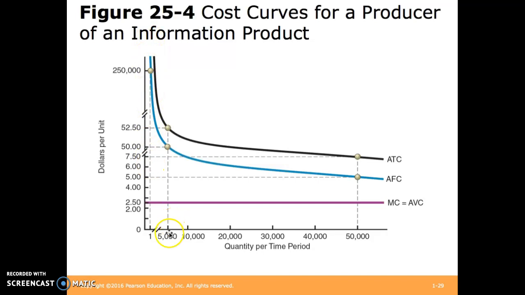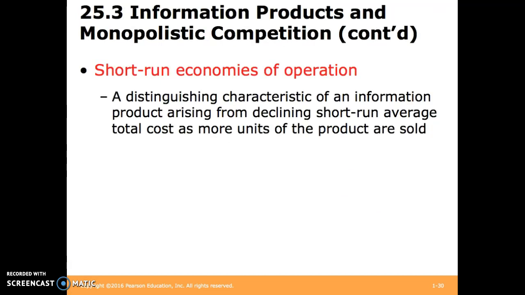However, if we're producing a really large number of those products, then we can distribute the high fixed cost across a large number of products, and so the average total cost isn't significantly higher than the marginal cost or the average variable cost. Short-run economies of operation. This is a distinguishing characteristic of an information product arising from declining short-run average total cost as more units of the product are sold.